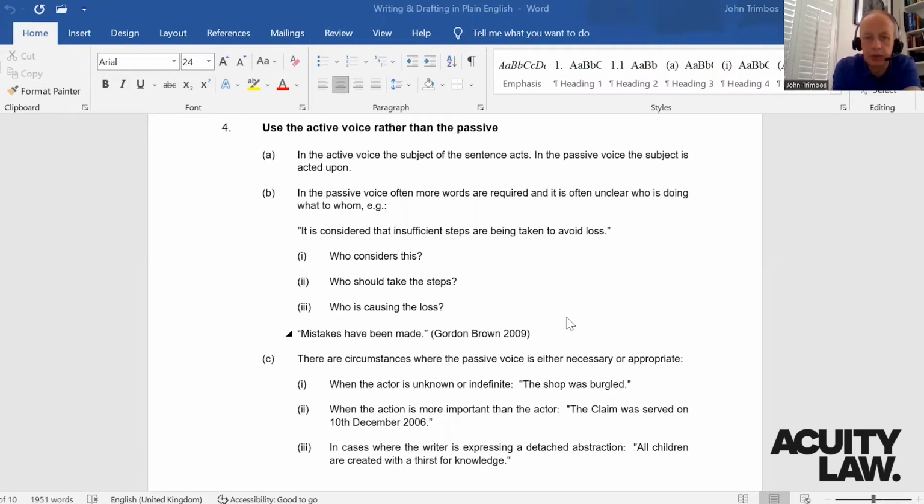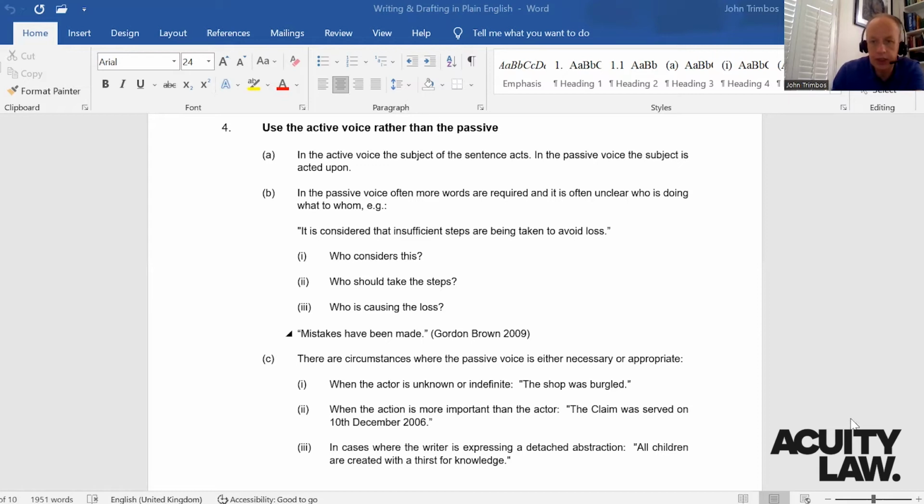It's a little bit more diplomatic, I suppose. Politicians, of course, use the passive a lot. That quote from Gordon Brown, I wrote that when I updated these notes after the credit crunch of 2009: mistakes have been made. I seem to remember members of the current government using similar expressions following the handling of the coronavirus and things like that. So that is not a party political statement at all.